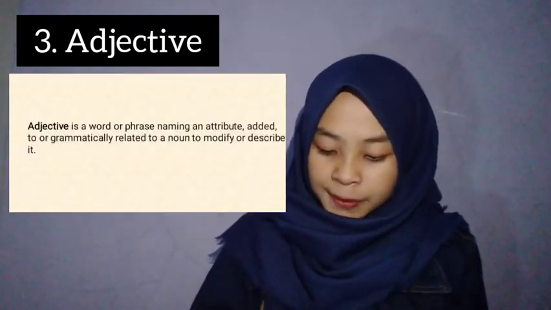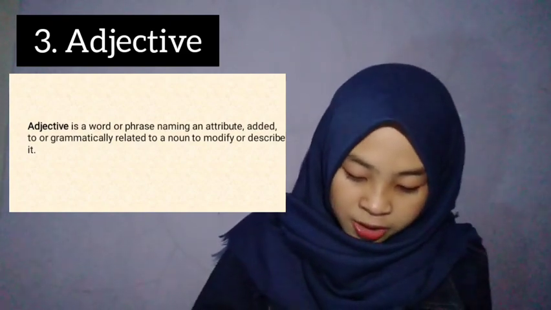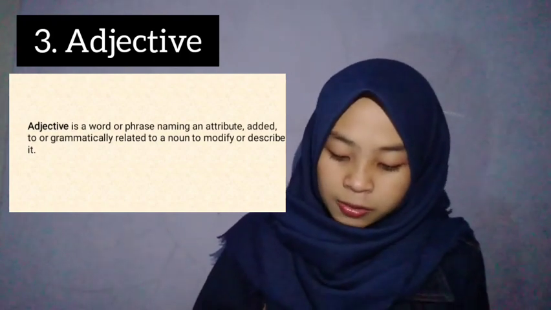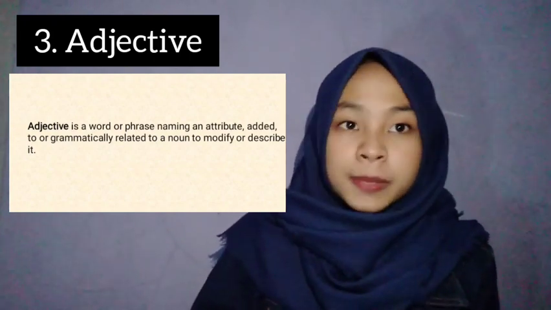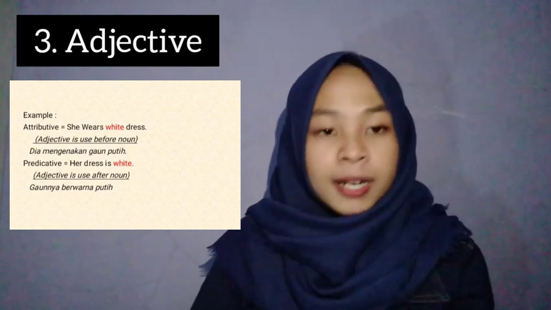Okay. Number 3 of parts of speech is adjective. Adjective is a word or phrase naming an attribute, added to or grammatically related to a noun to modify or describe it. The example is attributive: she wears a white dress.